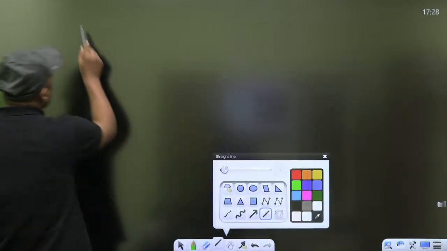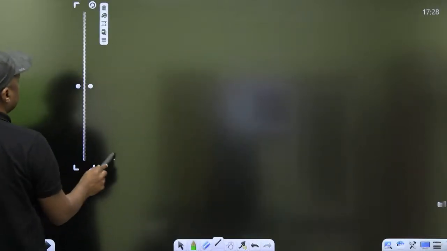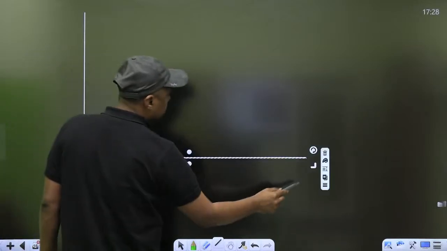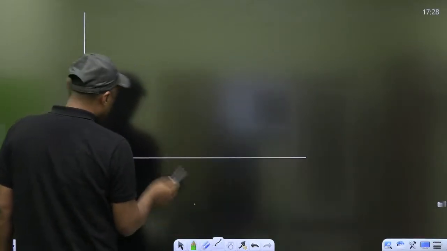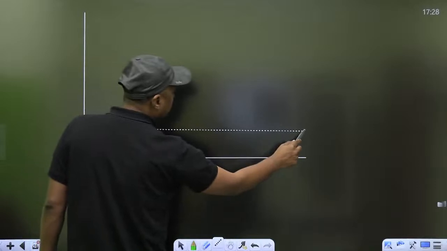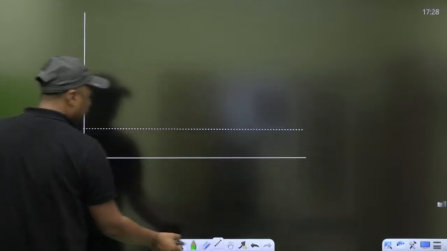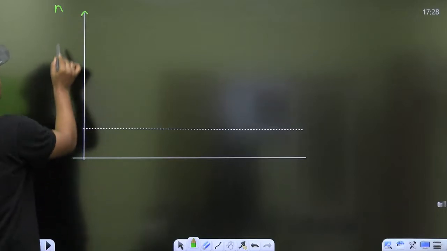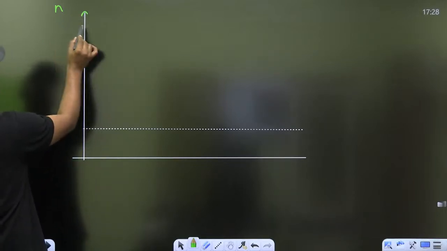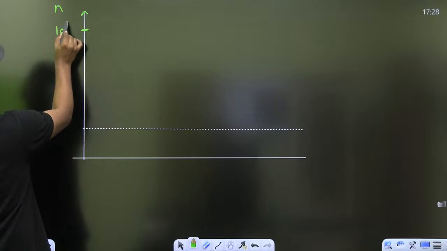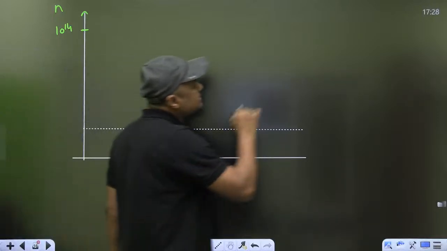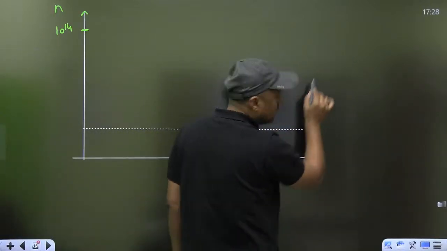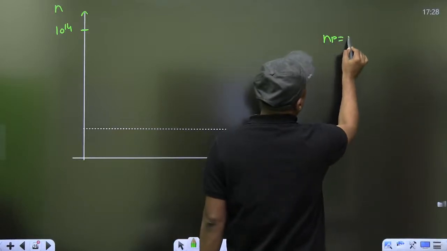But remember, this is the diagram. This is thermally generated charge carriers, Np naught, and this is the concentration of electron. Now, what is the total concentration of electron? That is given as 10 to the power 14. And according to mass action law, np is equal to ni square.